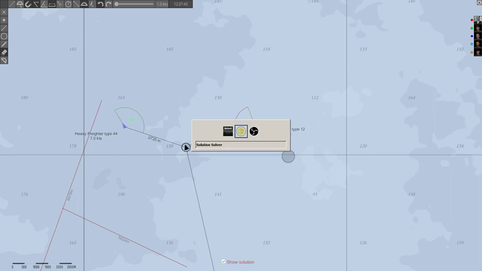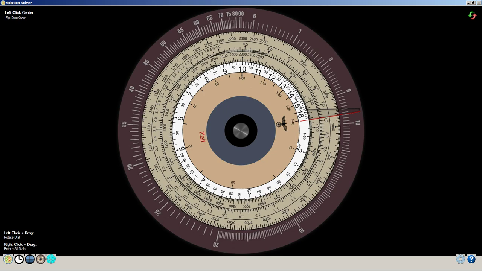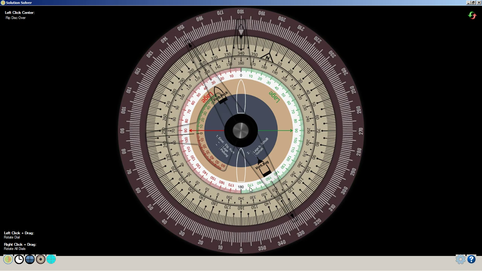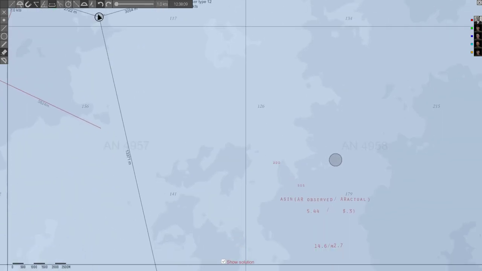Just as a recap, those will be the first ones for this first video of the series. We covered deriving true course from angle on bow, deriving angle on bow from true course, as well as computing angle on bow based on aspect ratio. Okay, that's this.